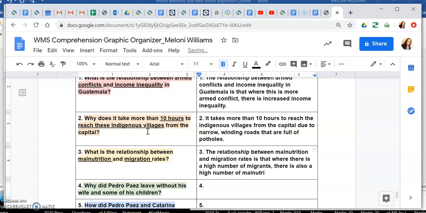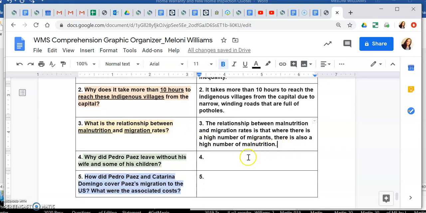Malnutrition is access to food and the ability to eat regularly. So I've got my answer to number 3.